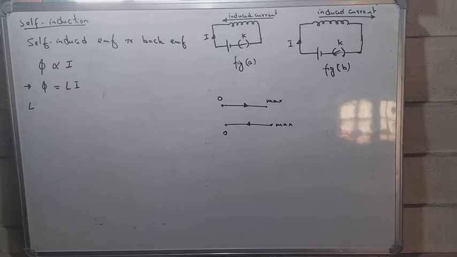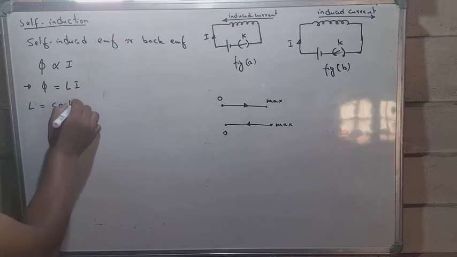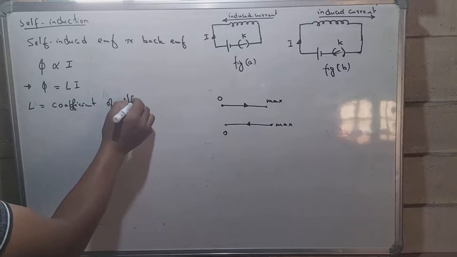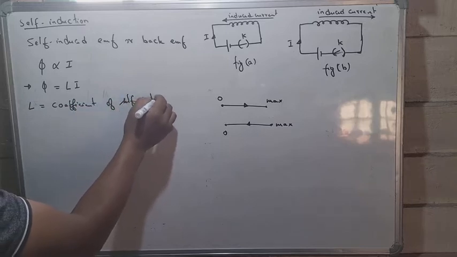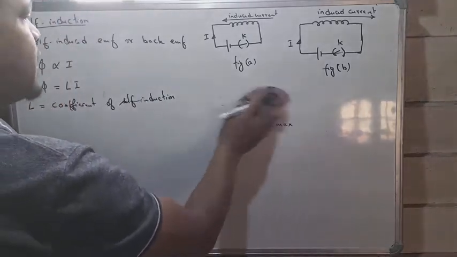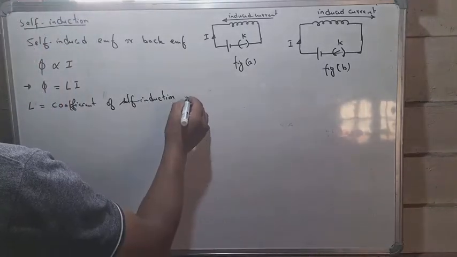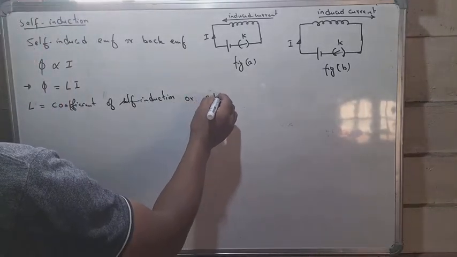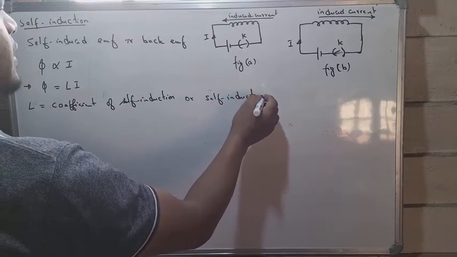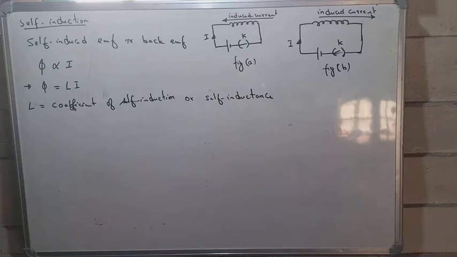L is a constant of proportionality and it has a name: we call it the coefficient of self-induction, or simply self-inductance. So L is self-inductance.